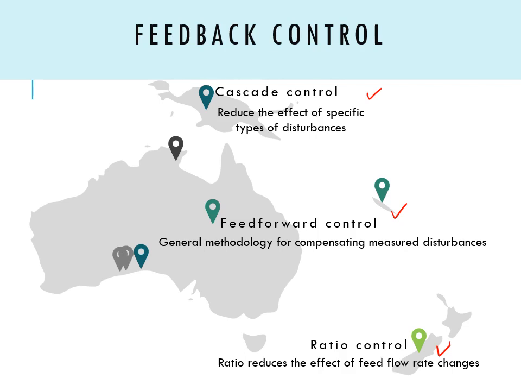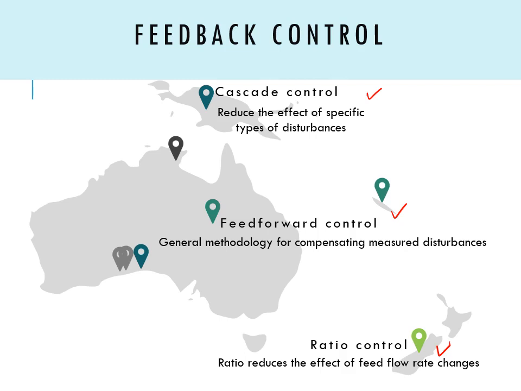The other type of controller that can be applied in the industry is the feed-forward. Because for feed-forward control, the mathematical equation in the controller is developed by learning the process model. So it is the general methodology for compensating measured disturbance.